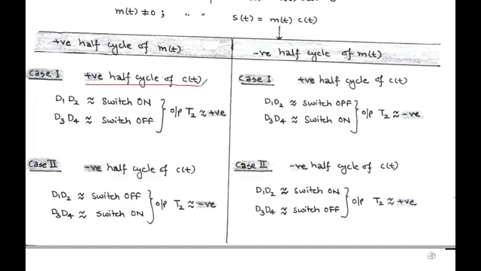So in both the positive half cycle and negative half cycle of the message, we take 2 cases. In the first case, we take a positive half cycle of the carrier, and in the second case, a negative half cycle of the carrier. We consider them individually. First we consider a positive half cycle of the message signal, with the first case, a positive half cycle of carrier.